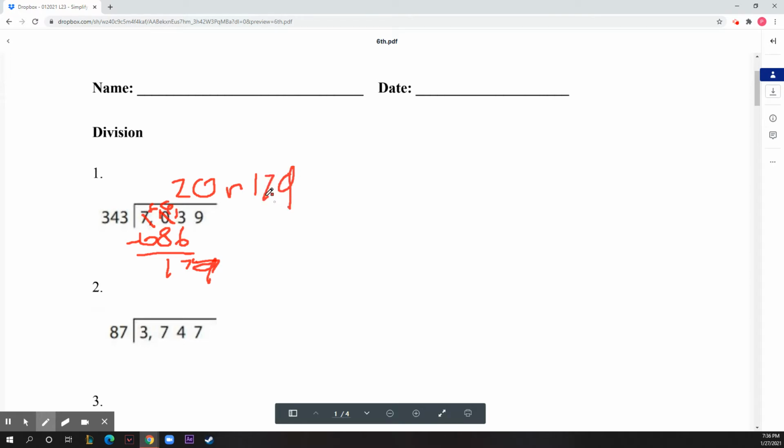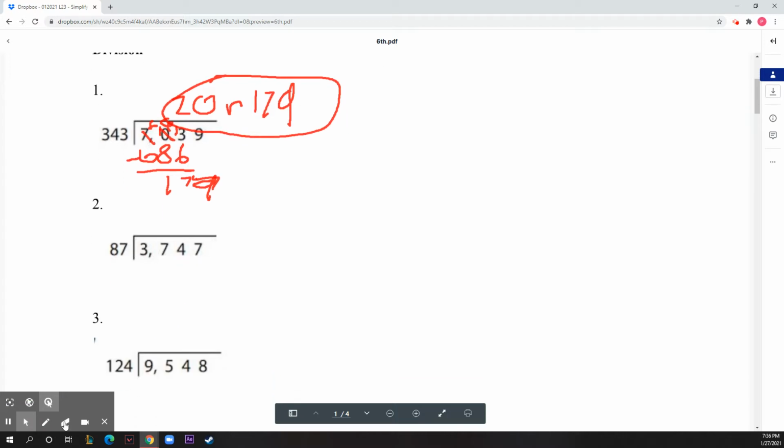So the answer is 20 remainder 179. Okay.